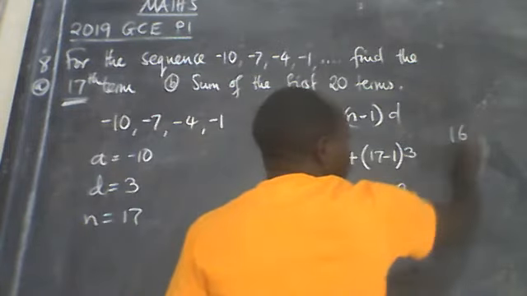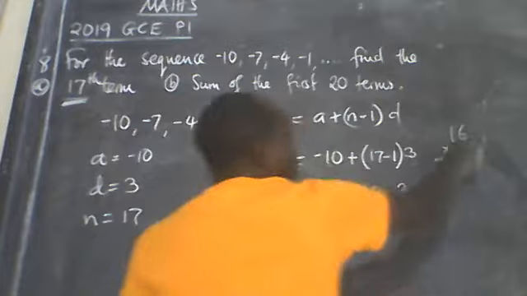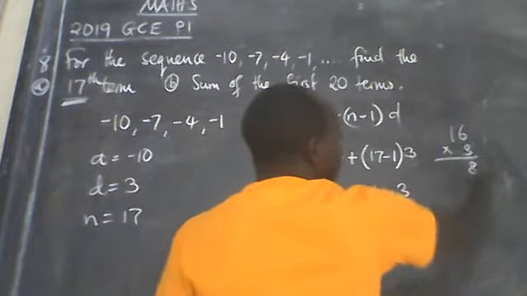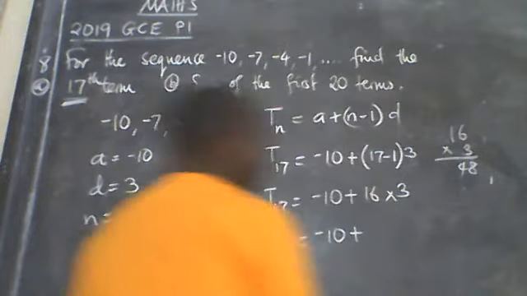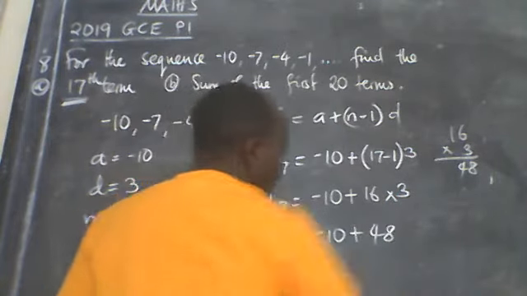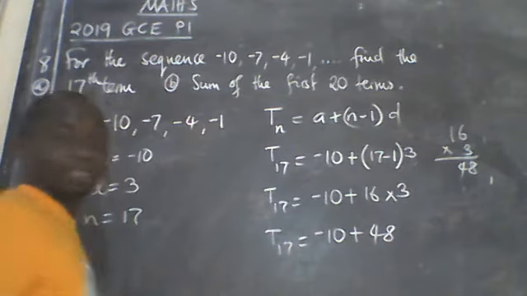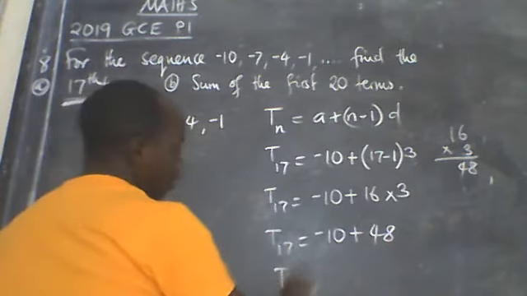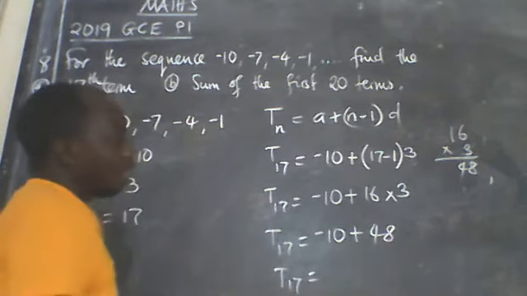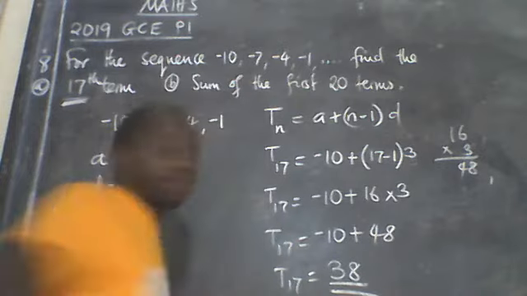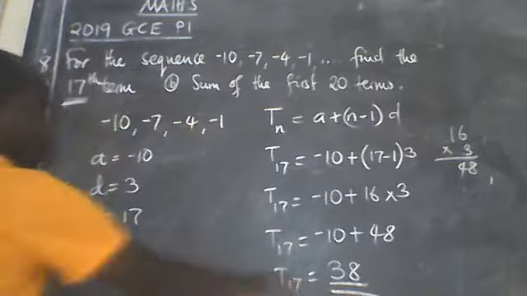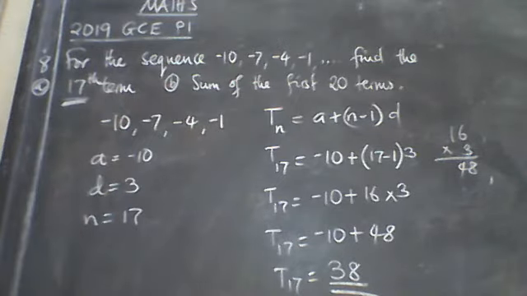You just do 16 times 3. This will give us 48. And then the last part: term number 17 will be equal to negative 10 plus 48. That will give us 38. So the term on position 17 will be 38.